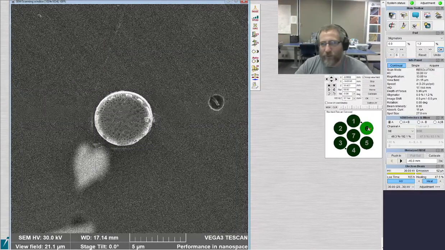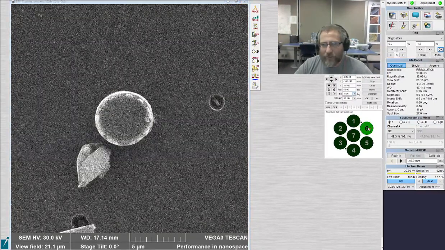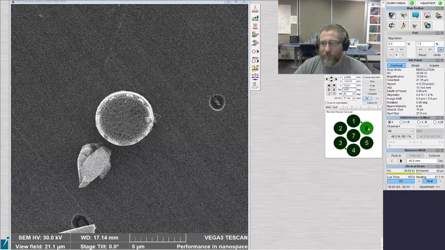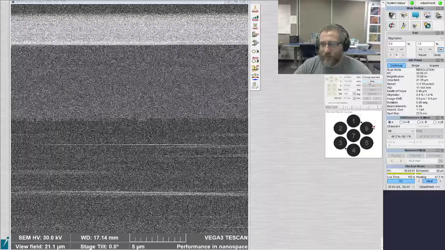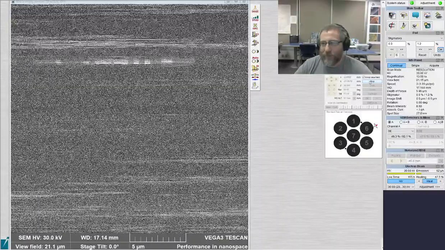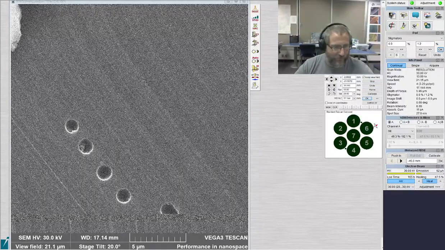Let's just go like 20 degrees. Tip the top of it away from you, or what are you going to do here? I can rotate it once it's tilted. I just want to do it without losing it.